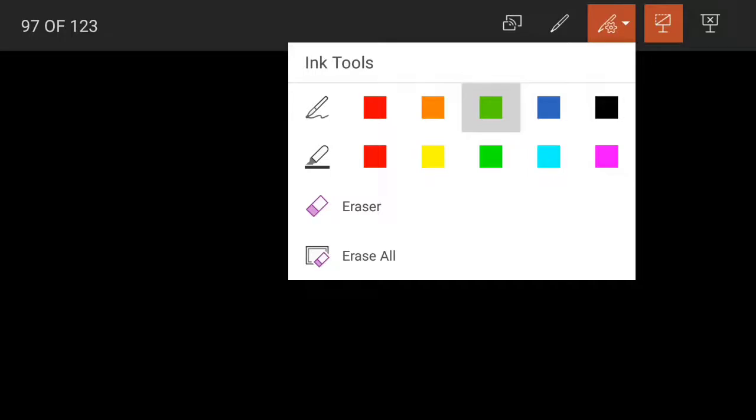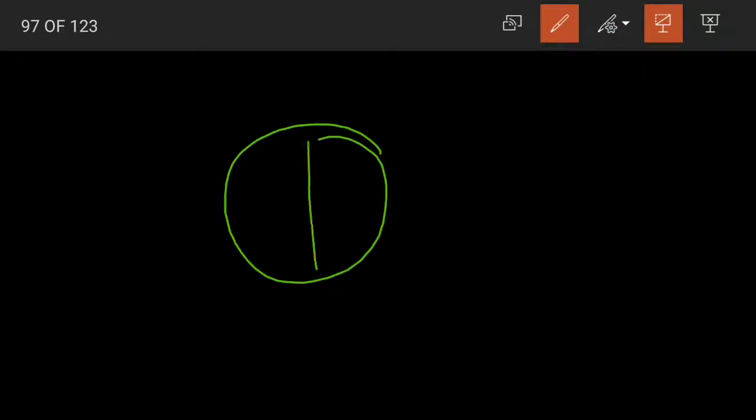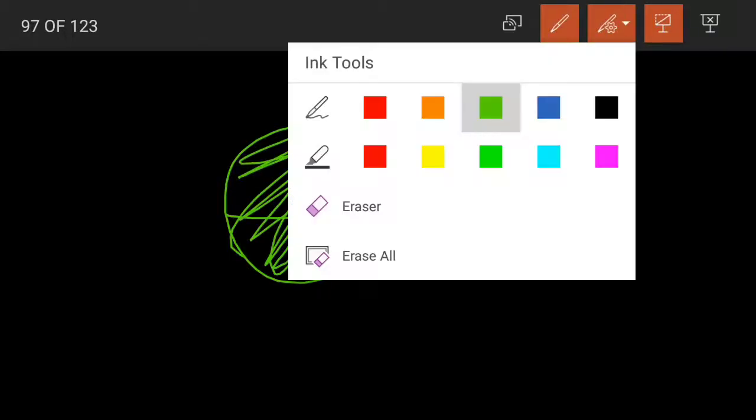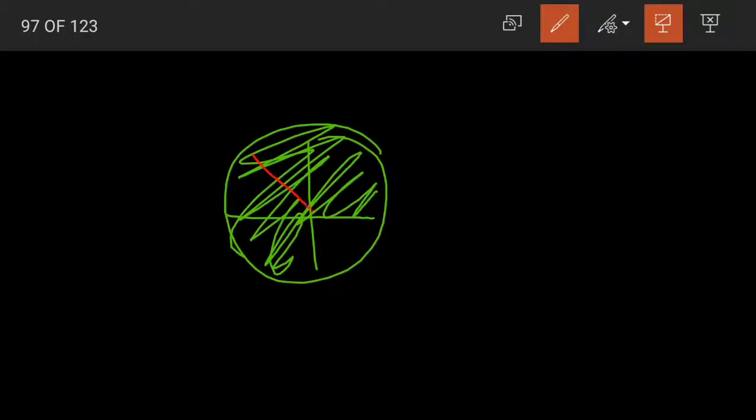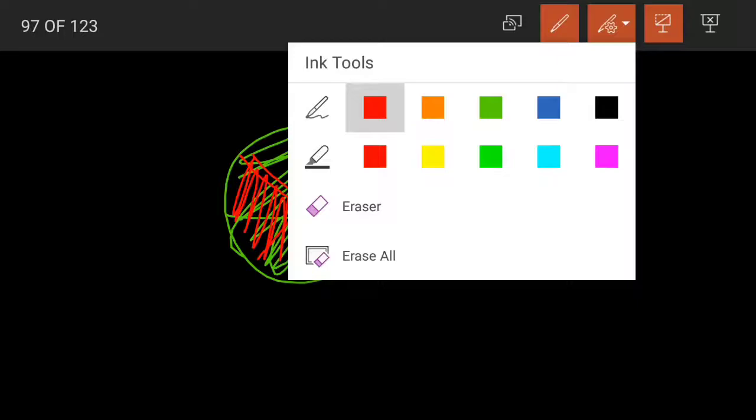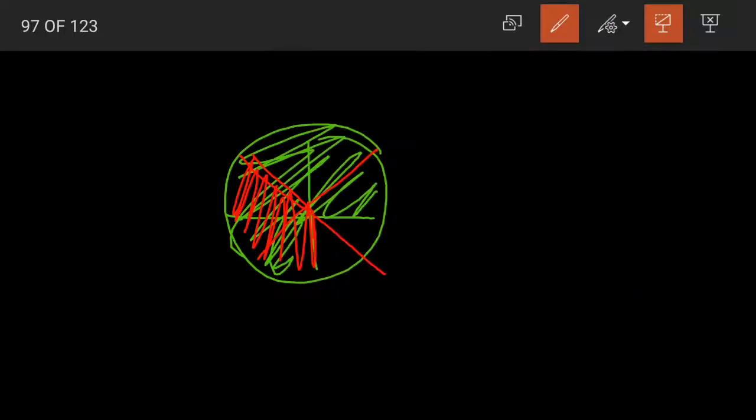I can explain this with the help of a diagram as well. See, this is 3 by 4, and from this 3 by 4, Sudesh had half. If we divide this cake into 8 equal parts, how many parts are shaded? 1, 2 and 3.